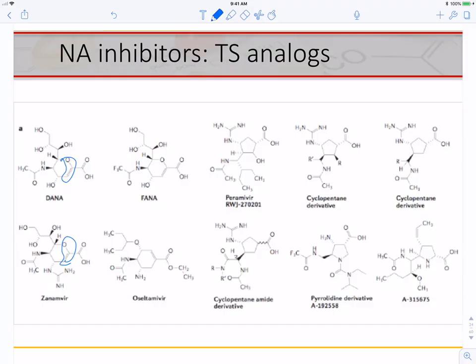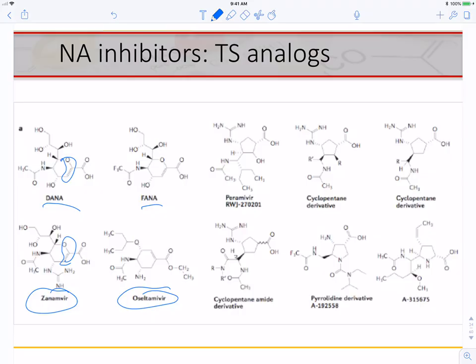All right, so we started with designing these analogs with several things that looked useful, like this DANA and FANA. And finally, what we have on the market now is zanamivir and oseltamivir, which are the most potent ones.